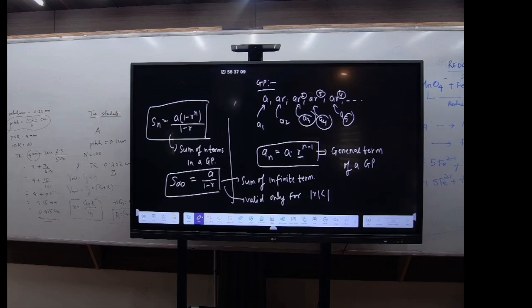Sum of infinite terms means if you are adding infinite terms, then what will be their sum? Remember, for r equal to 1 or r greater than 1, the sum of infinite terms will always be infinity. I'll explain through the examples. These are mainly the formulas of GP, then a few more formulas, and it will be over.